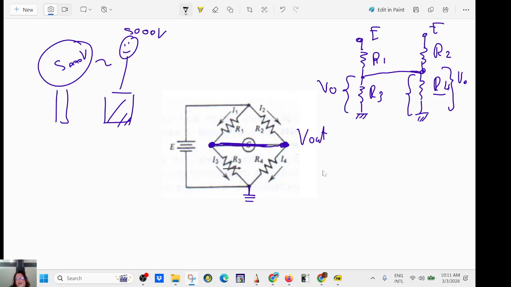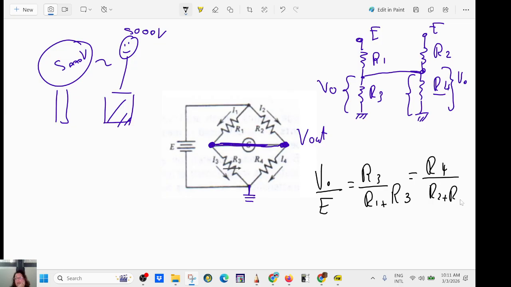Okay, so what do I have? V out is to the input what R3 is to R1 plus R3. And I have the same thing for this one: V out is to the input what R4 is to R2 plus R4.